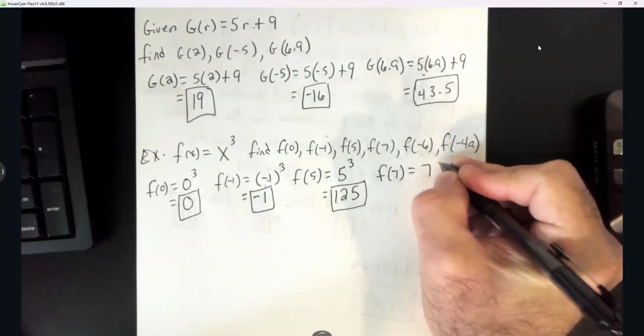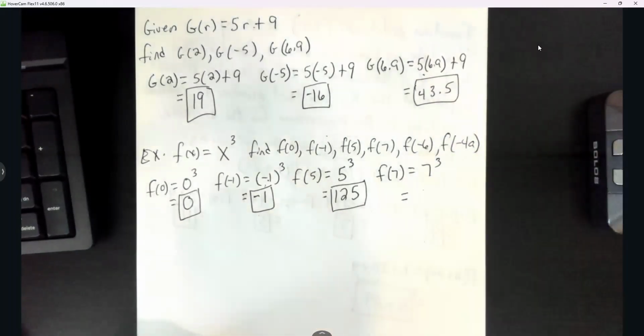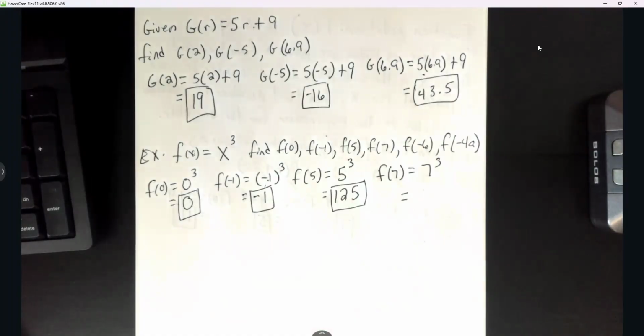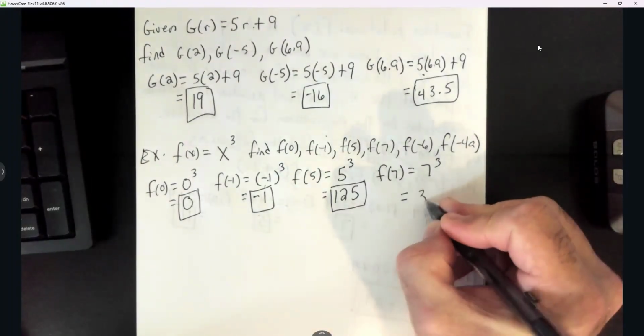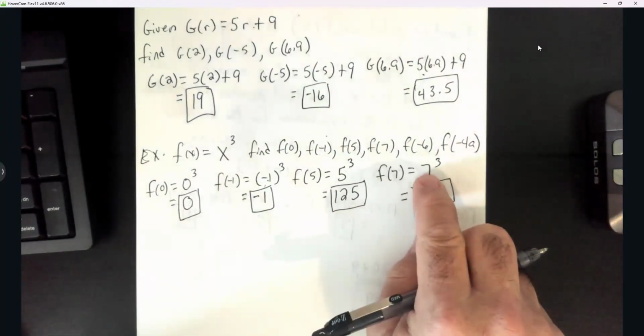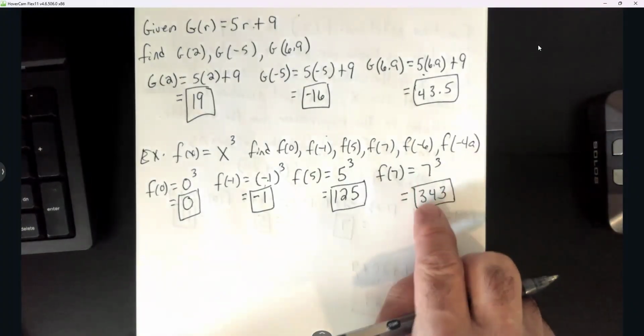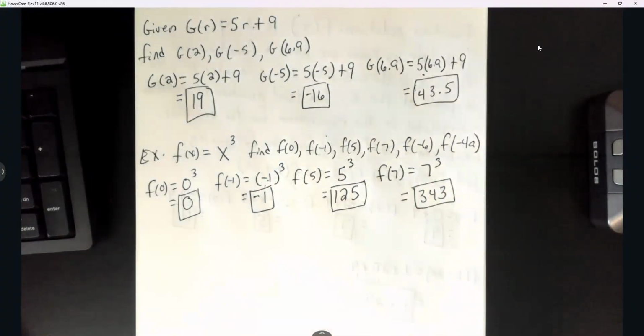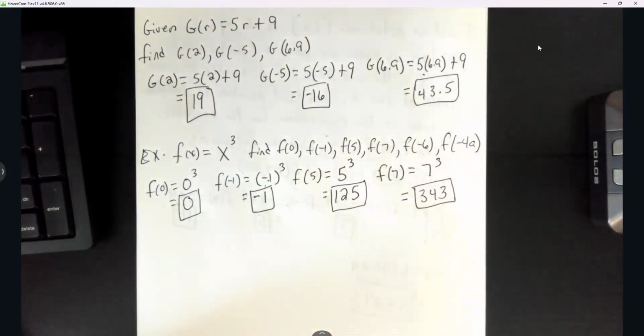That's going to be 7 cubed. So, ooh, those are starting to get some big numbers. What do y'all get? 343, perfect. That's why I didn't use a 7 on that cubic graph, because I wasn't going to draw no graph out to 343, okay? All right, what's next?